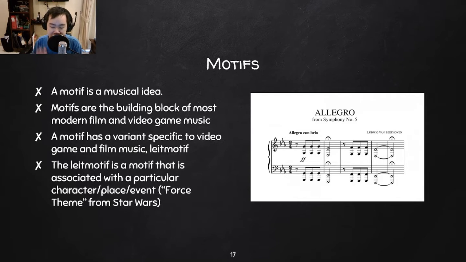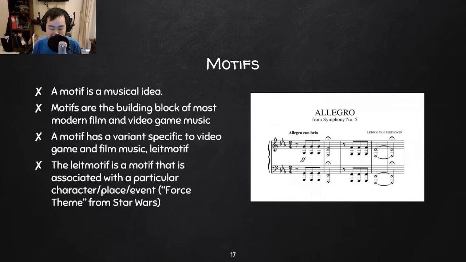So again, motifs are building blocks to most video game and film music, and motifs have a certain name within these types of music. It's called a leitmotif, which is just a motif that's associated with a particular character, place, or event. A great example of a leitmotif is the Force theme from Star Wars.